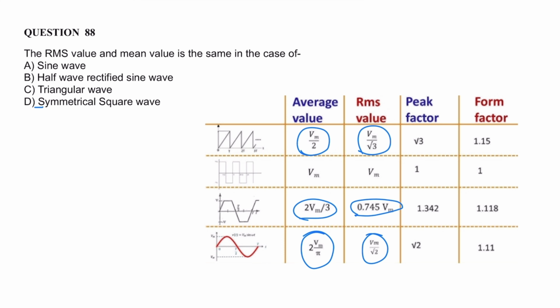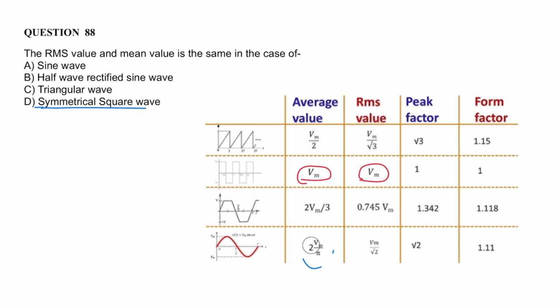Whereas for option D, the symmetrical square wave, the RMS value is Vm. Similarly, the average value is also Vm. Therefore, correct option is D. For the symmetrical square wave, the RMS value and average value are both the same.